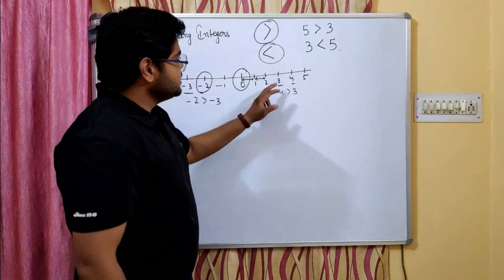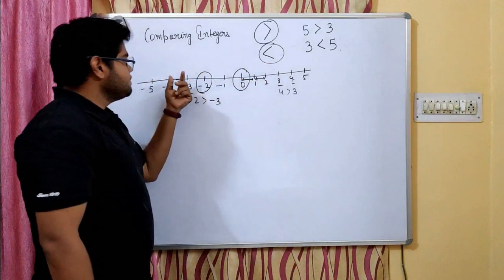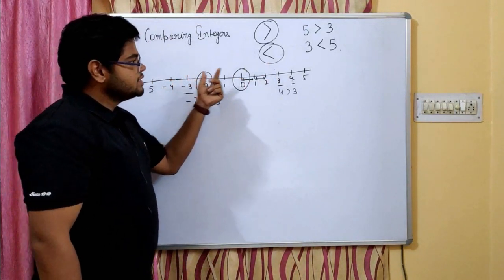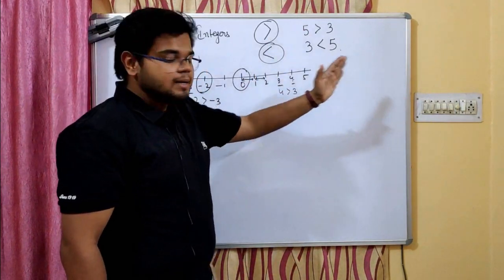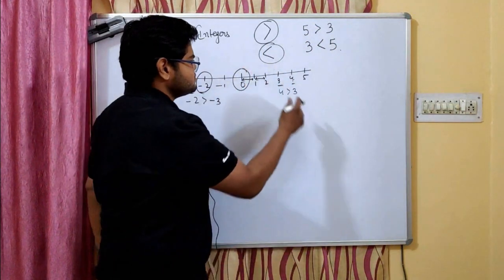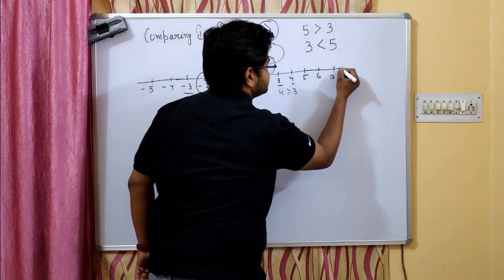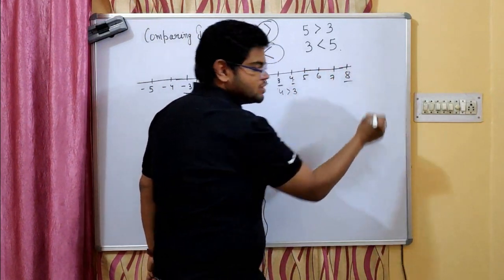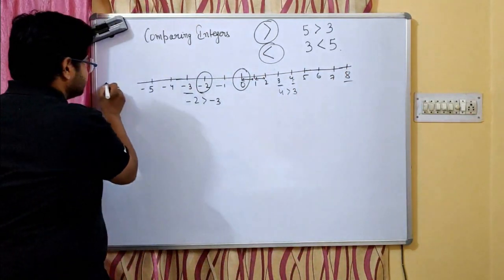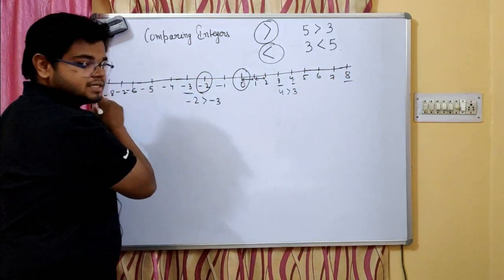So 3 is a positive number and its opposite will be -3. 3 is towards the right, -3 is towards the left. If we extend this line, we have 6, 7, 8. So 8 is towards the right, and if you move this side, -6, -7, -8.